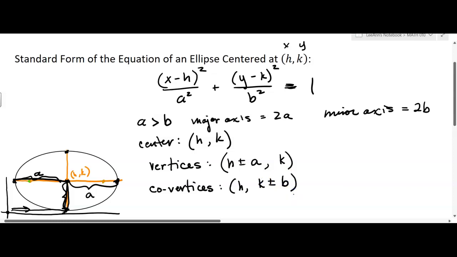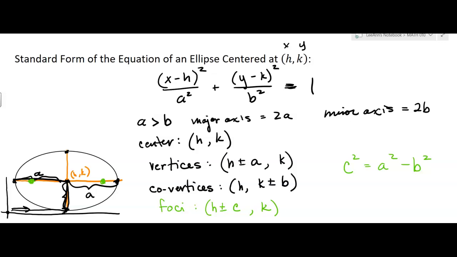And then I didn't do the foci. Okay, so the foci, those will come here in green. They're going to be on the major axis. So it's going to be h plus or minus c, comma, k. And remember that c squared equals a squared minus b squared. Okay.